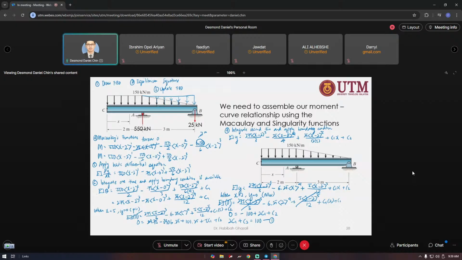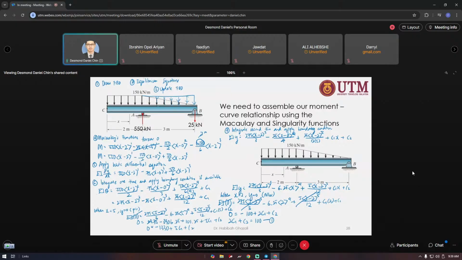So I will get 0 equals to negative 1330 plus 5C1 plus C2, right?